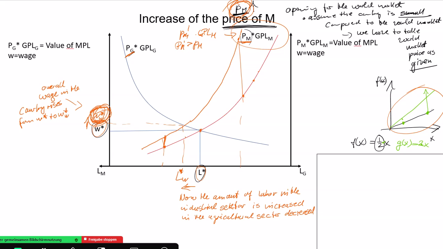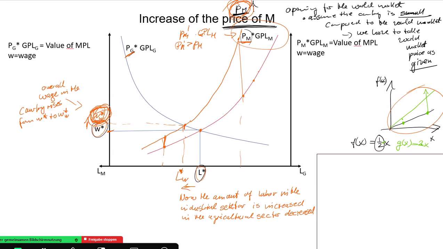This has represented the wage at the situation under autarky. This was the wage under autarky. Now we are moving to the left to the new equilibrium.